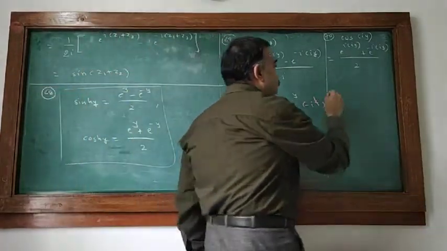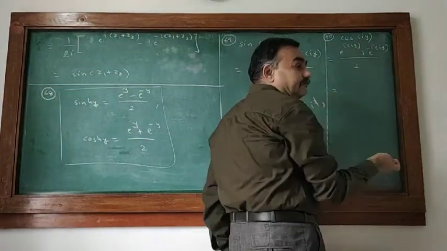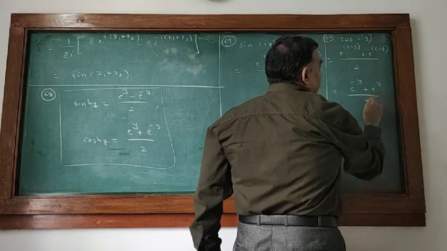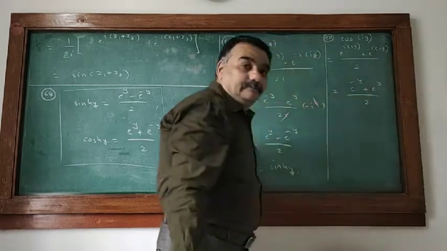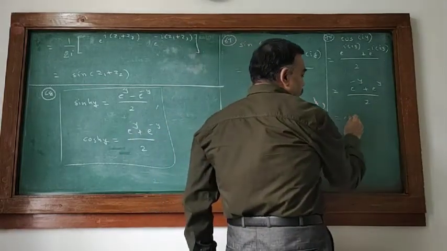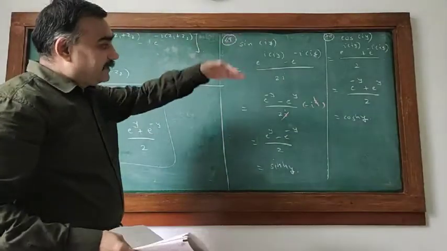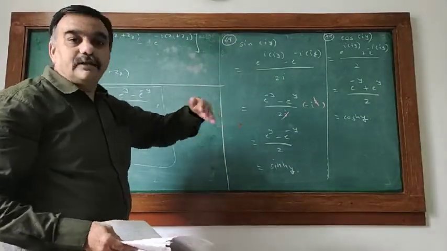Now i square is minus 1, so e raised to minus y plus e raised to y divided by 2, and therefore this is cosh y. So keep all these things in mind, we will use these after some time.